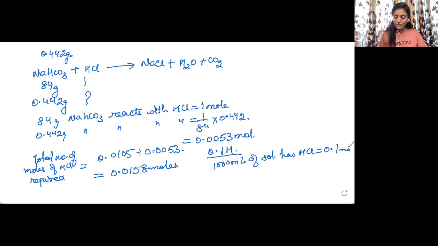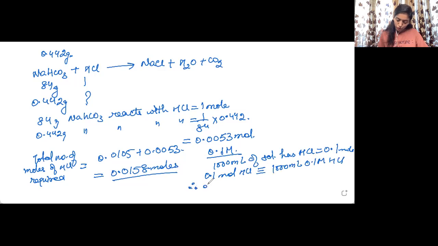So if we need 0.1 mole, we need 1000 ml. If we need these many moles, how many ml will be required? So you can write that 0.1 mole HCl is equivalent to 1000 ml of 0.1 molar HCl.